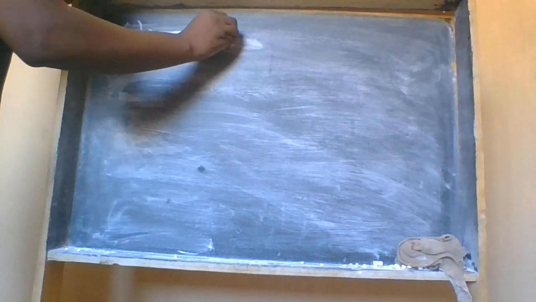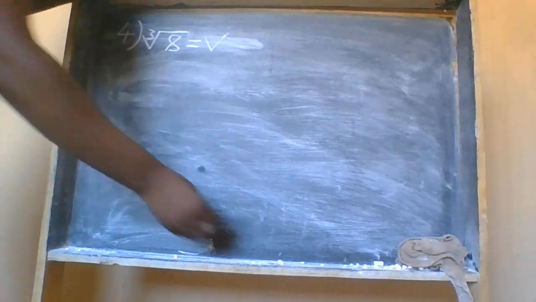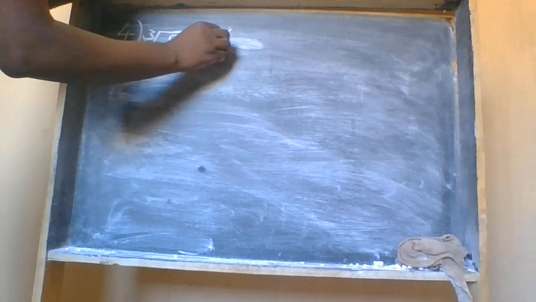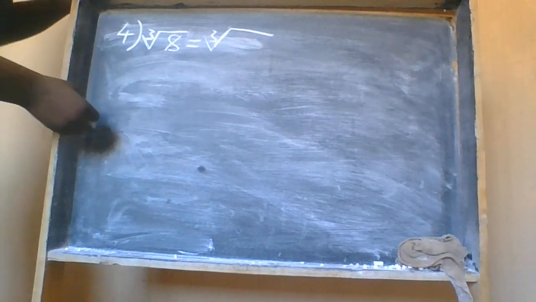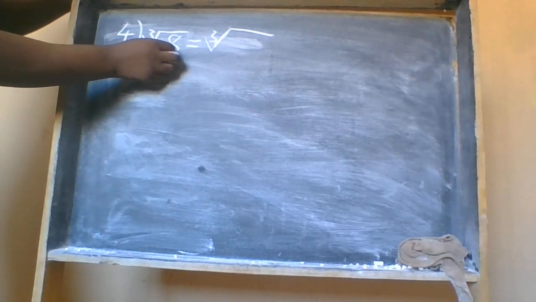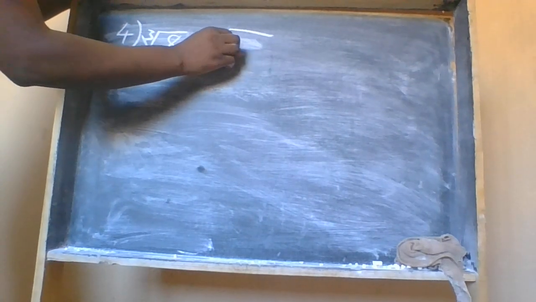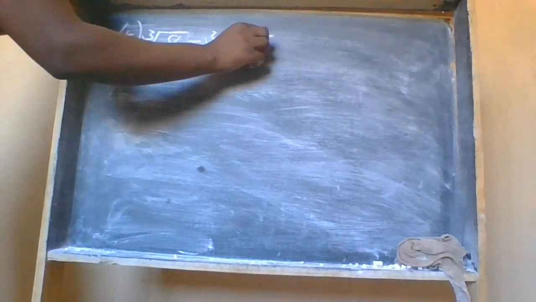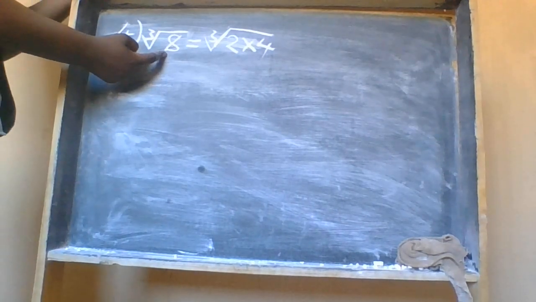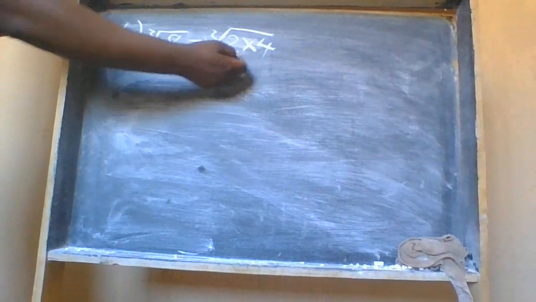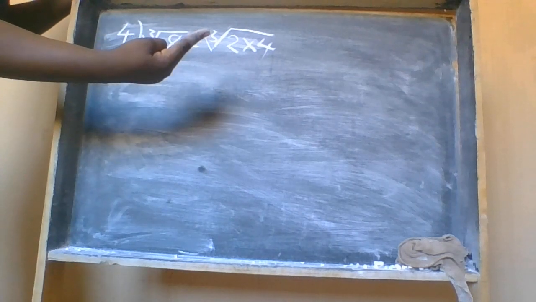of course, not forgetting the symbol for cube, which is a small 3 there. Then I'm going to say this 8 can still be broken into 2 times 4. 2 times 4 is still 8. But this 4 can still be broken down into how many parts? 2.